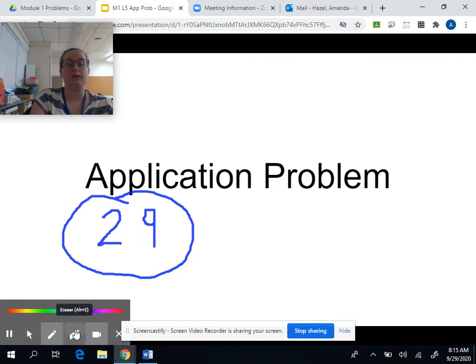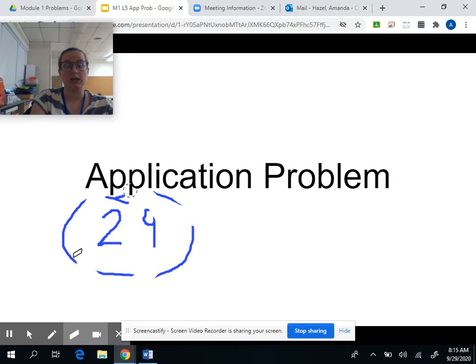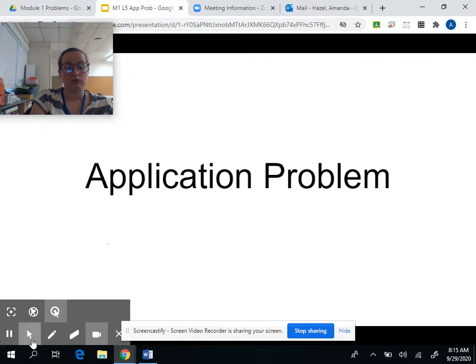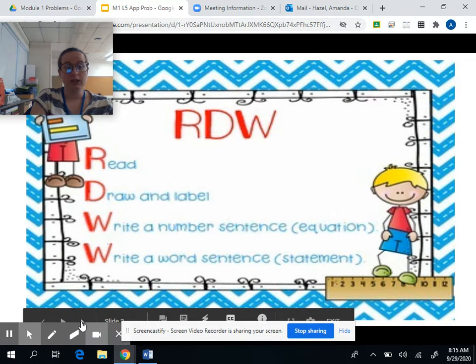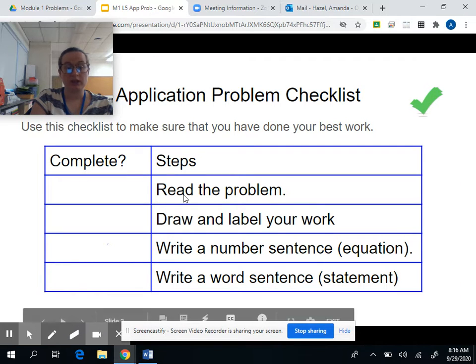All right, if you are back, then you should be on this page. If you are not, then pause the video now and hit play when you are on page 29 in your blue book. Okay, so this is an application problem. We follow these steps, and we can use our checklist to make sure we've done everything we need to do to answer the problem.